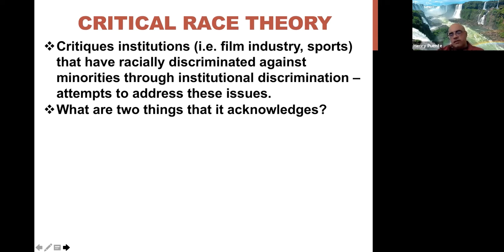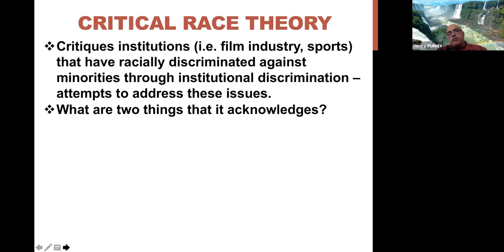And so it essentially critiqued the industry, and this theory has bled over a little bit into sports or into entertainment or into media. Again, it critiques institutions that have racially discriminated against minorities through institutional discrimination, and it attempts to address these issues.